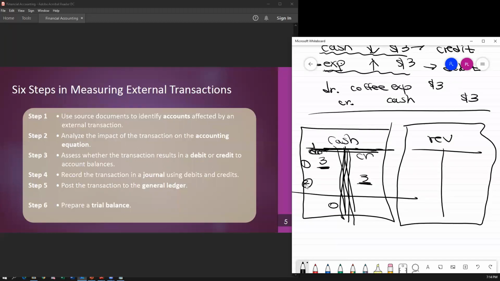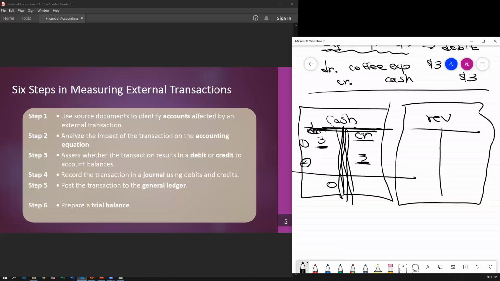And on the right side, we always report items under credit. Whenever you report a debit, you report the number on the left side. Whenever you report a credit, you report on the right side of the T to indicate a credit business transaction. Any questions for the general ledger?